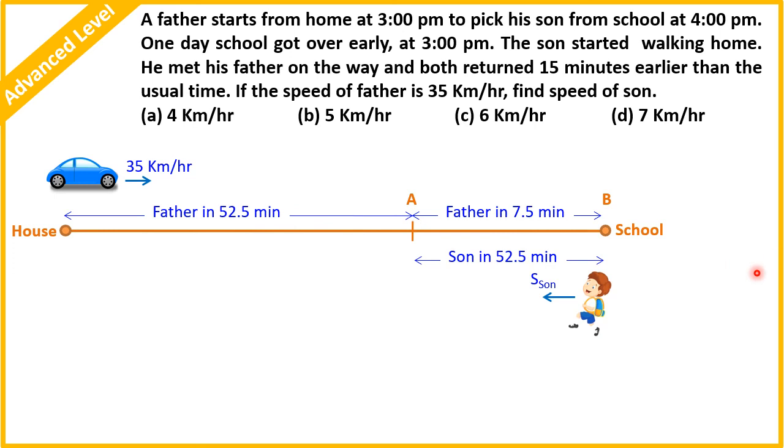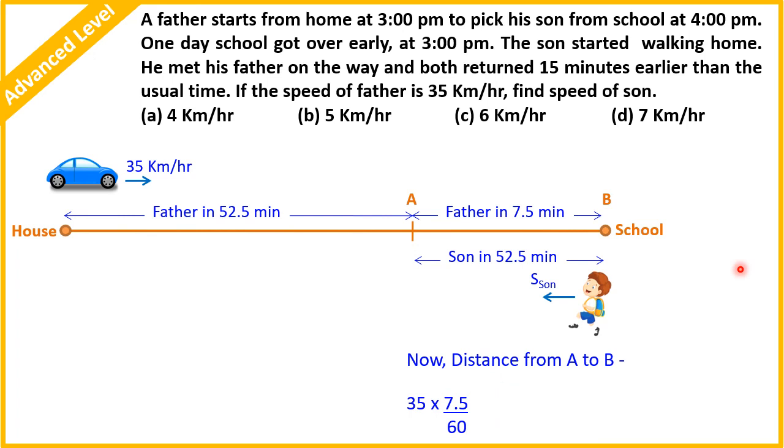Now, talking about the distance AB, this distance A to B, the father can travel in 7.5 minutes. Speed of father is 35 km per hour. So how much is the distance from point A to point B? It is speed multiplied by time, that is 35 into 7.5 minutes converted to hour.